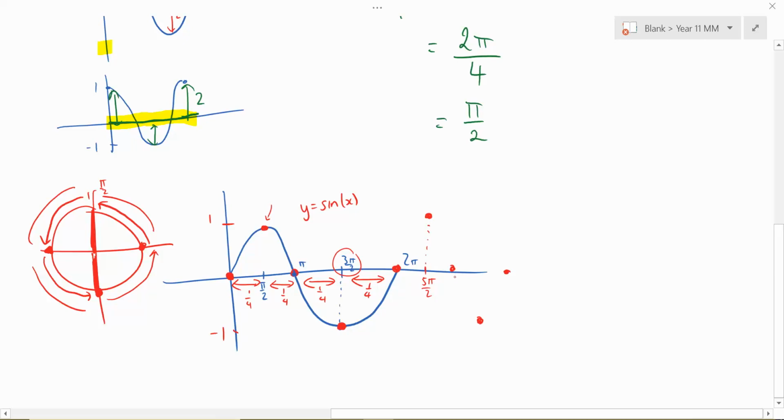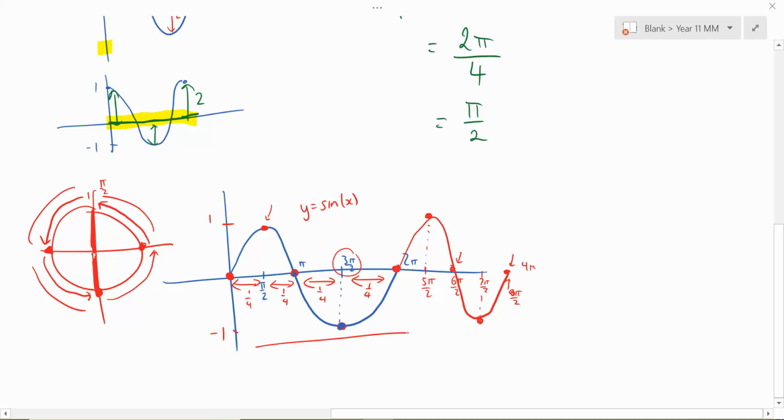After that, it would have to be 6 pi on 2 to reach the center, and then 7 pi on 2 to reach the minimum. And then the next one has to be 8 pi on 2, sorry, which makes it 4 pi. So you get the second cycle.